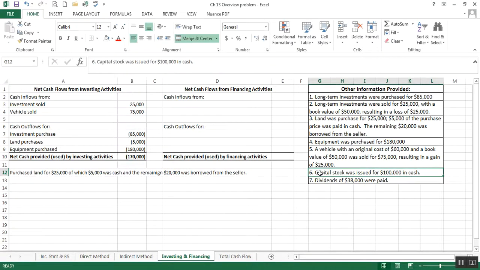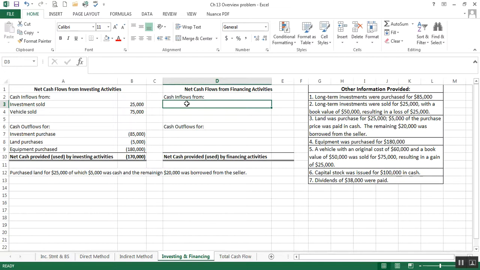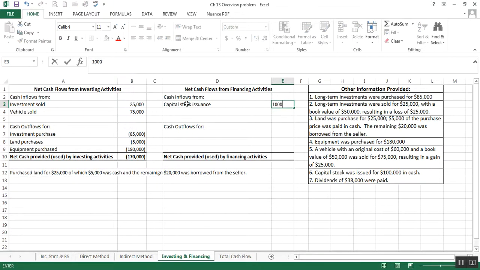And now we have capital stock was issued for $100,000 in cash. So that's our stock. Capital stock is the company's stock. If we issued stock, that means that we received cash. Okay, so it's going to be cash inflow. So capital stock issuance, and we received $100,000. And then dividends of $38,000 were paid.